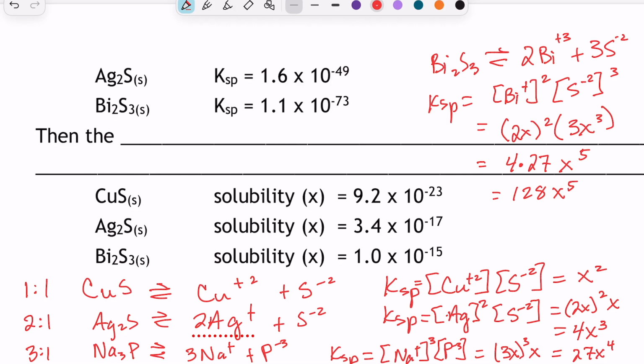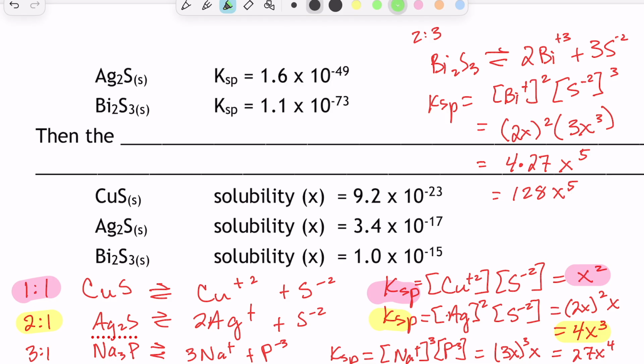Okay, so this is a regular pattern. Here we have a 2-to-3 ion. So for 1-to-1 ions, Ksp is going to be x squared. And remember, x is your solubility. For 2-to-1 ions, and it's 1-to-2 or 2-to-1, it works out either way, Ksp is 4x cubed.